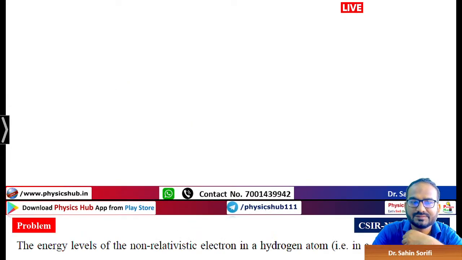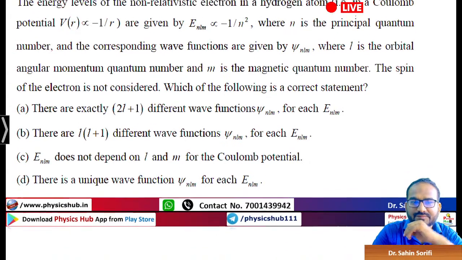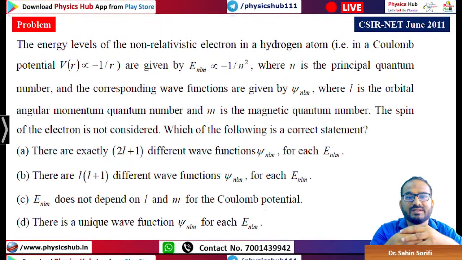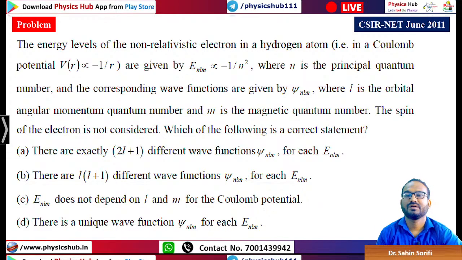Any question, guys? Let's solve some problem. This came in June 2011. The energy levels of the non-relativistic electron in a hydrogen atom, that is in a Coulomb potential, are given by E n l m proportional to minus 1 by n square. You can see the energy level is minus 13.6 by n square.